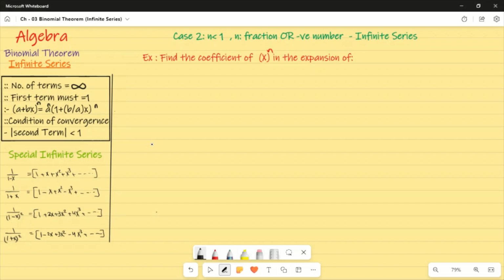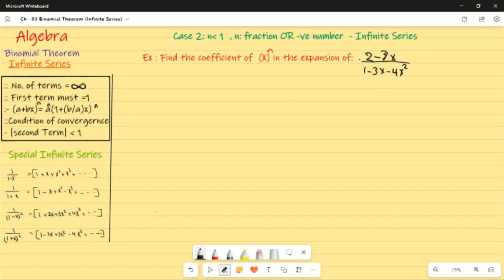Again, find the coefficient of x power n in the expansion of 2 minus 3x by 1 minus 3x minus 4x squared.